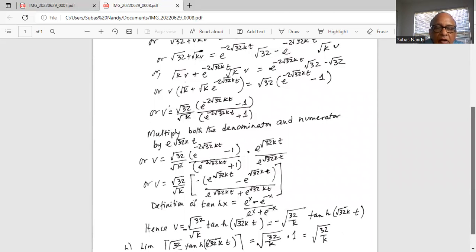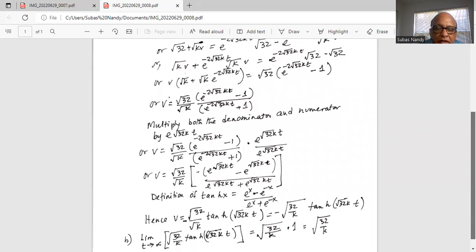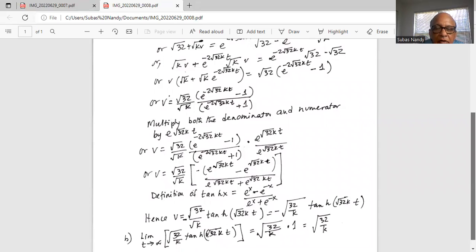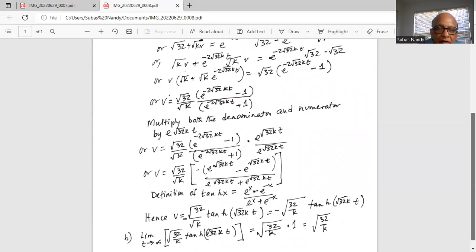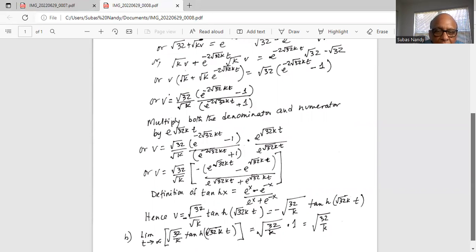Now, the definition of tan hyperbolic x is e to the power of x minus e to the power of minus x, divided by e to the power of x plus e to the power of minus x.